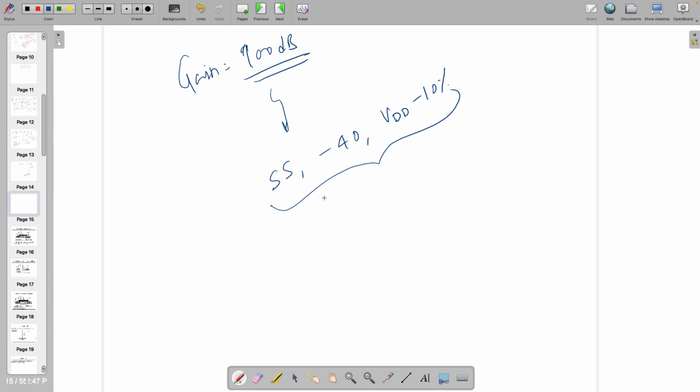So this is the worst case corner. Then I am going to run something called statistical mismatch analysis, or Monte Carlo analysis. So gain with respect to different numbers of occurrences, where all transistors change their gm and other parameters in a Gaussian way. That is what actually happens at the back end.